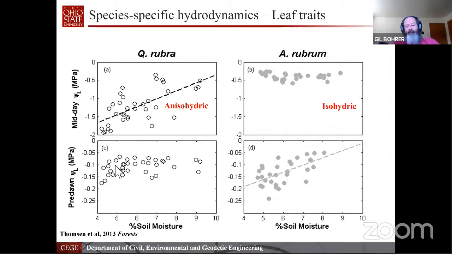Oaks don't do that. If the soil is dry, oaks let it go and water potential in the xylem drops a lot. However, what we notice, there's a trade-off. The same maples, which are very isohydric and sensitive, if we look at the pre-dawn, and pre-dawn is after the tree had the whole night to recharge its branches, so the leaves are full of water, as full as they'll ever get.